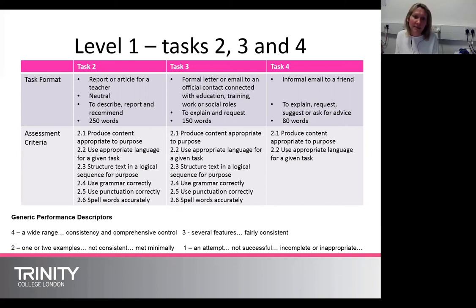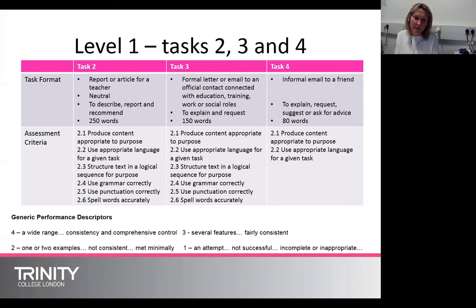And spelling, so the lexical range and spelling, is assessed in task 2 and task 3. And again, for all of the criteria in task 2, task 3 and task 4, so all the ones that start with 2, 2.1, 2.3, we use the generic performance descriptors.